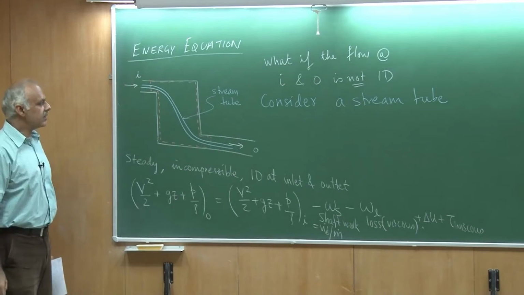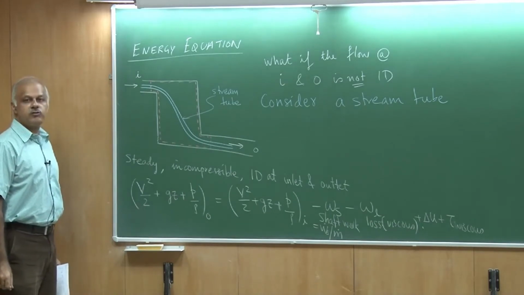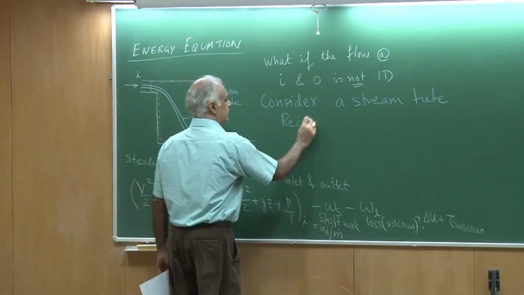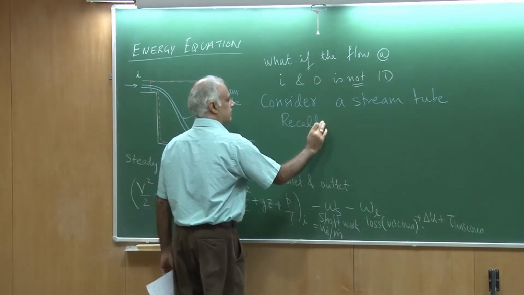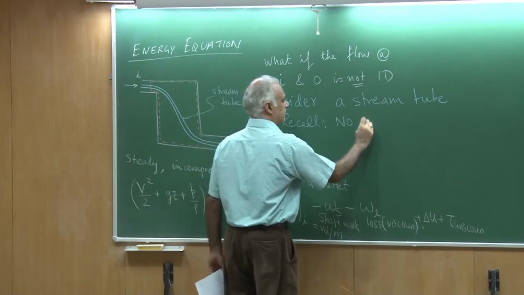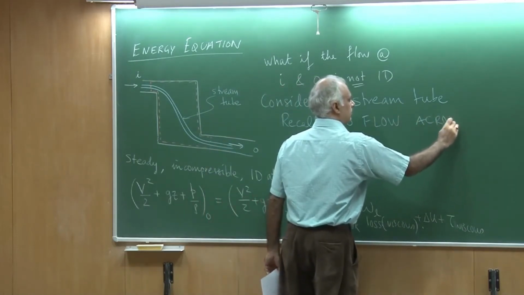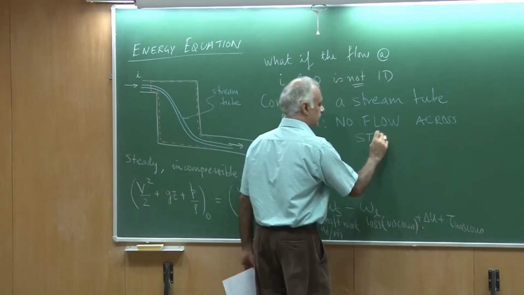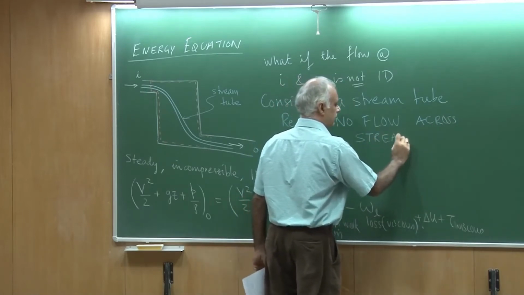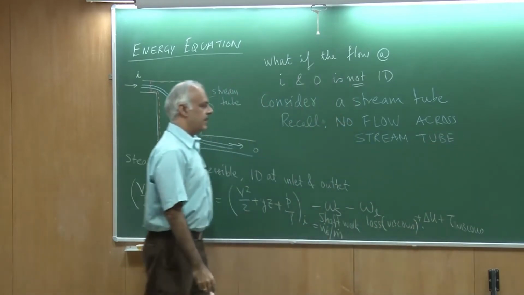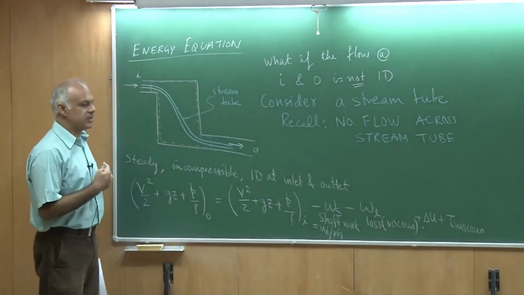Now, please recall that there is no flow across the stream tube. A stream tube is made up of streamlines.